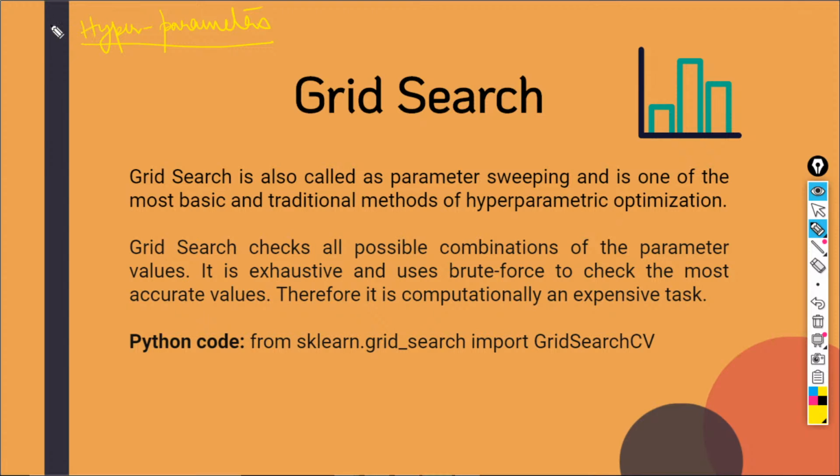Now, we all know that we have two variants. The first one being model parameters, correct? And the second one being hyperparameters. Now, what is the difference between them should be your first question. Model parameters basically take care of training the whole algorithm.